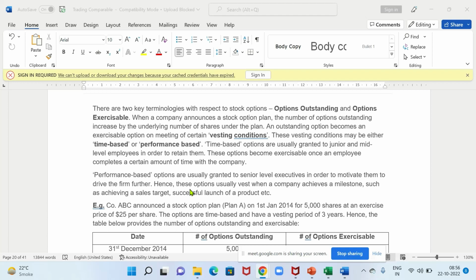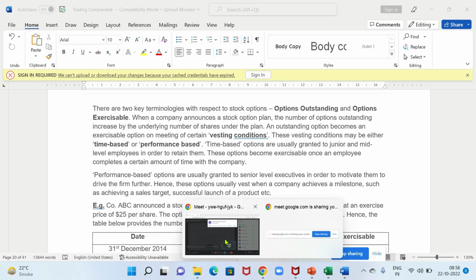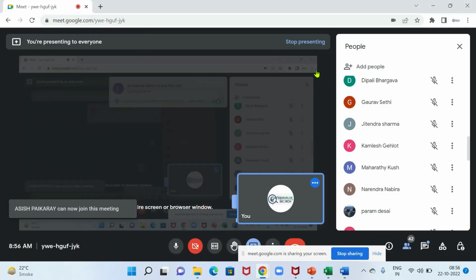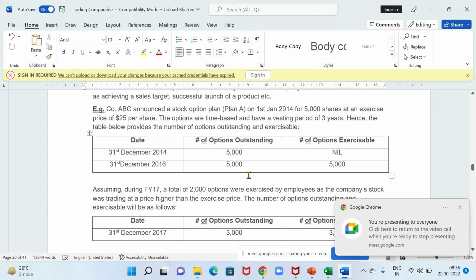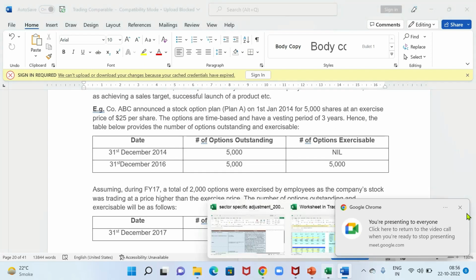But over time, if the company performs well and the share price increases above the strike price, the employer has the option to convert them if they are with the company at that time. So that vault opens and employees are allowed to subscribe to those options. I'll give you an example in a working.